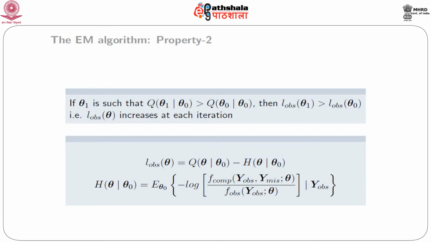To prove that, let us write the log likelihood of the observed value of theta as Q(theta given theta naught) minus H(theta given theta naught), where H(theta given theta naught) is the expectation under theta naught of the log of the likelihood of the complete data divided by the likelihood of the observed data, conditional on the observed data.